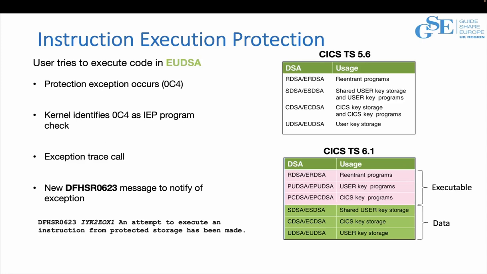So should the user try to execute code in EUDSA, which we can see in 6.1 is data storage, a protection exception will occur as an OC4. And our kernel will identify the OC4 as an IEP program check, and we will output a relevant message in the log, but we'll also trace as well. So we understand exactly what's happened, that we've tried to execute in data storage.